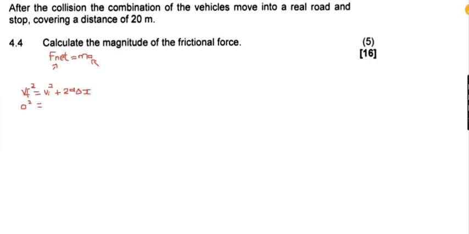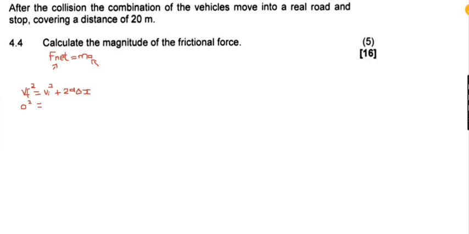The initial velocity will be the velocity we calculated in 4.2, which was 10 meters per second. I know that was the final velocity for that question, but what we're looking at now is what happened after the collision. So it's in a separate section from what we calculated before. So that's why the 10 meters per second now becomes our initial velocity, because what we're only looking at right now is what happened after the collision.